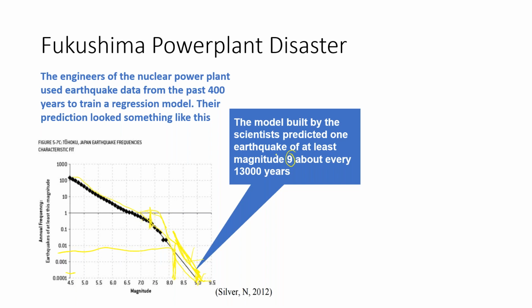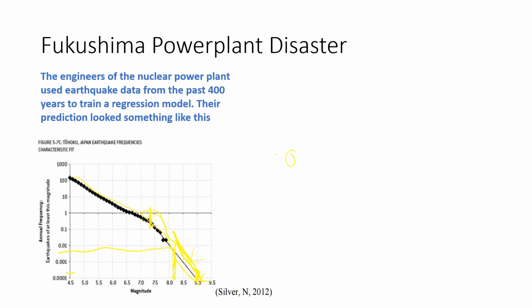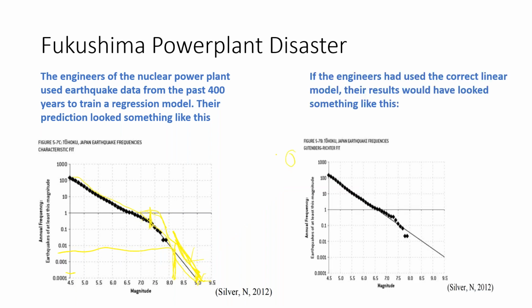But if the scientists had used the Gutenberg and Richter rule in a proper way and agreed that, no matter what, the relationship is linear, they could have built a good model.